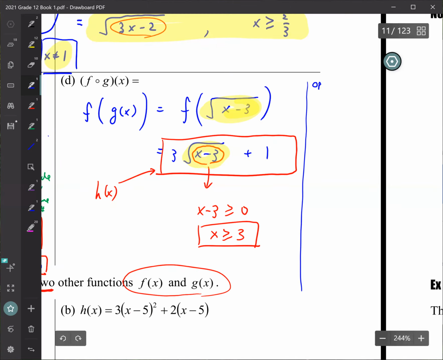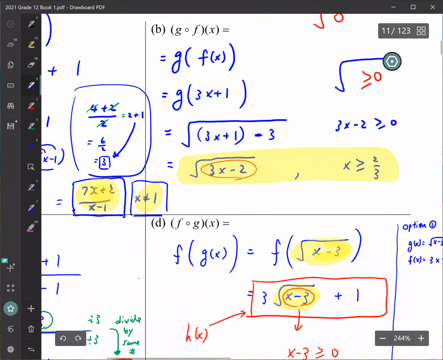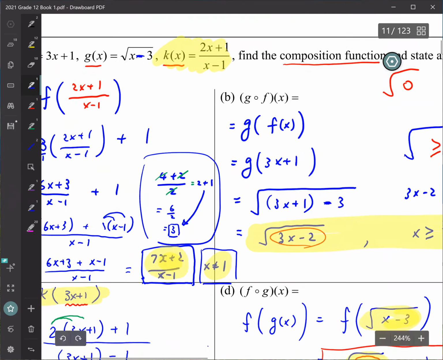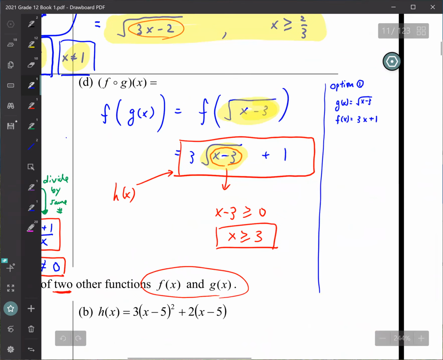Option 1. Okay, we have g as the inside, so g, and then f, right? This is the original question, same as the one we have on the top, f and g, okay? So option 1.